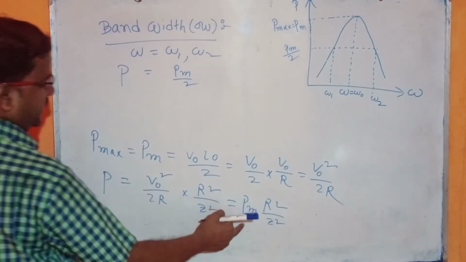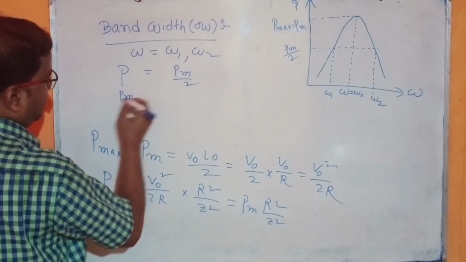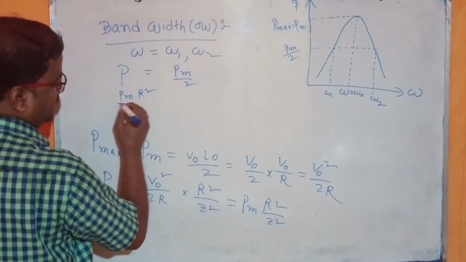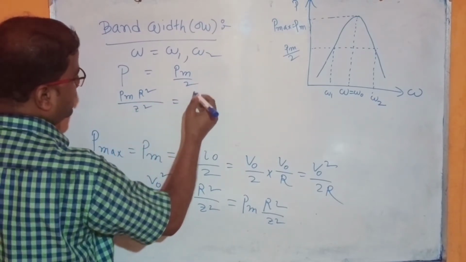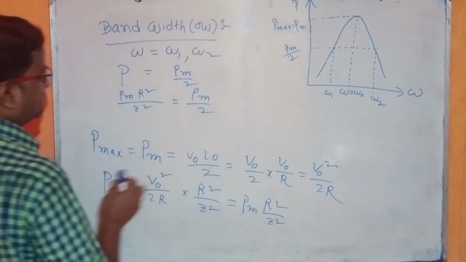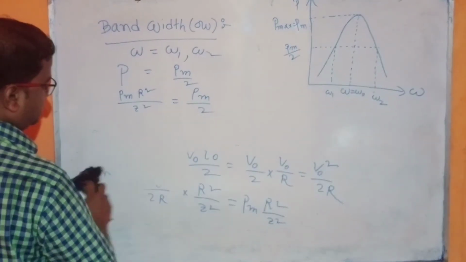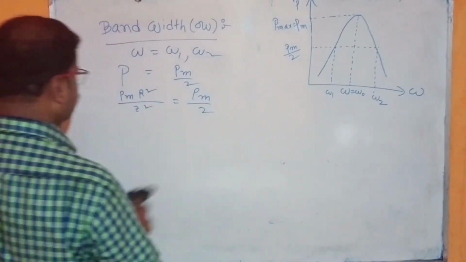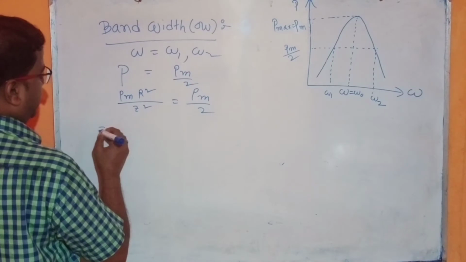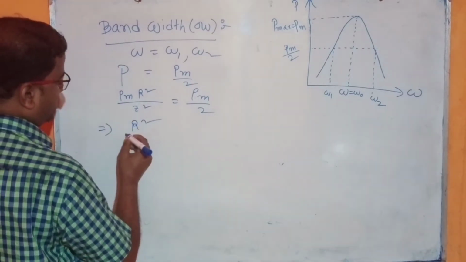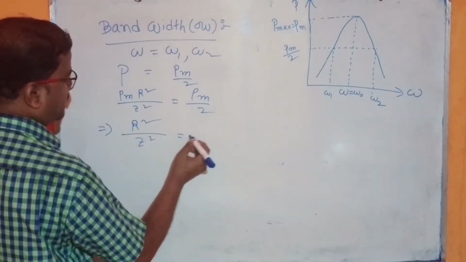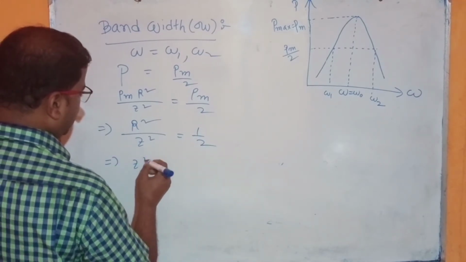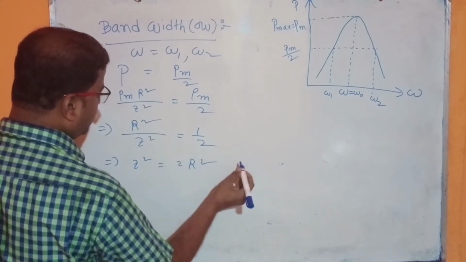P is written as Pm R square by Z square equal to Pm by 2. Or we get R square by Z square equal to 1 by 2, or Z square equal to 2R square.